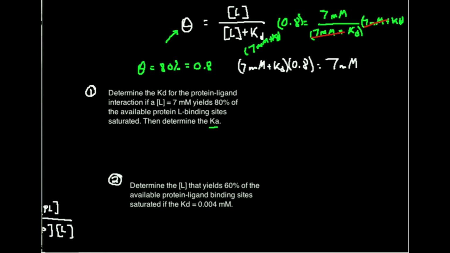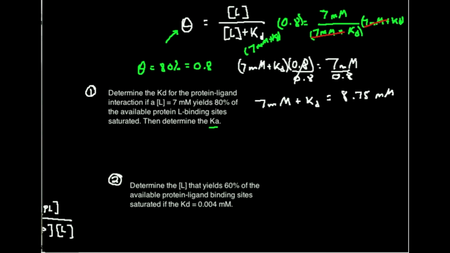All right, so how do we want to go about solving this? Well, let me divide both sides by 0.8. So that cancels that, and what I'm left with is 7 millimolar plus KD is equal to 7 millimolar divided by 0.8. Let me get my calculator out real quick and figure out what that is. I take 7 and divide by 0.8, so I get 8.75, still in units of millimolar.